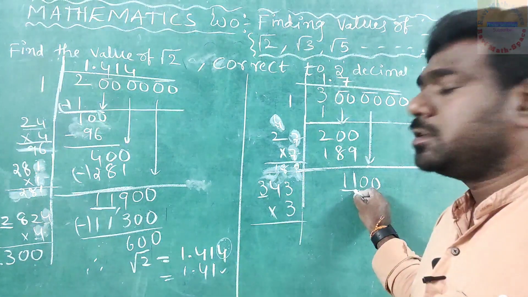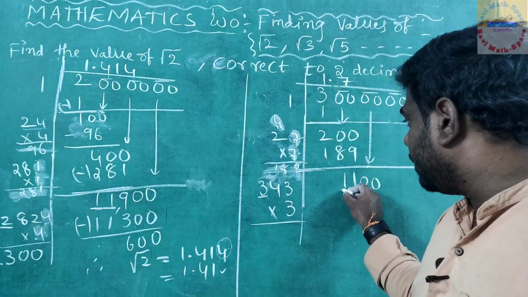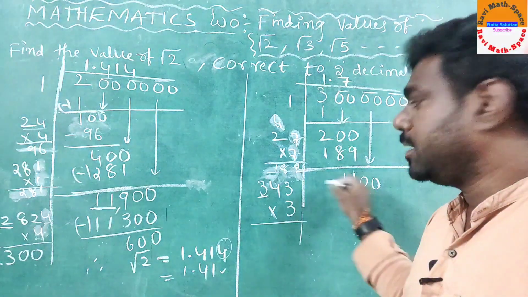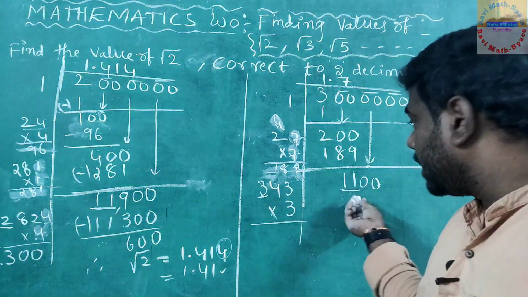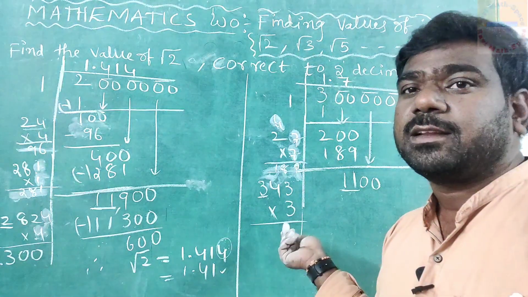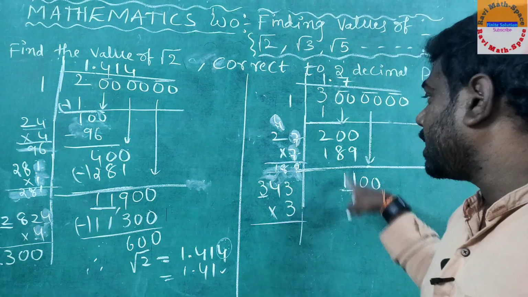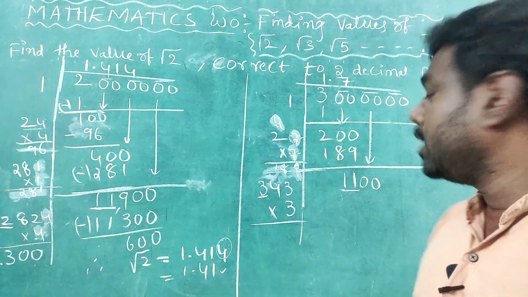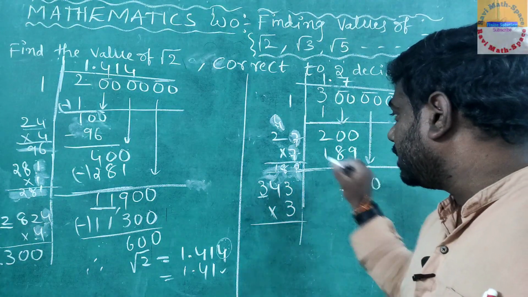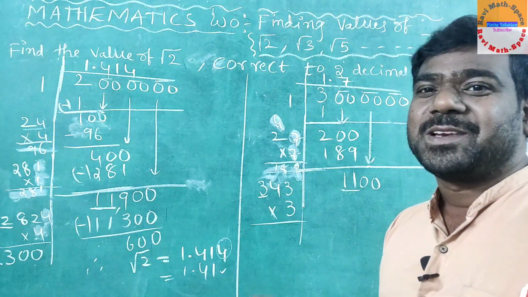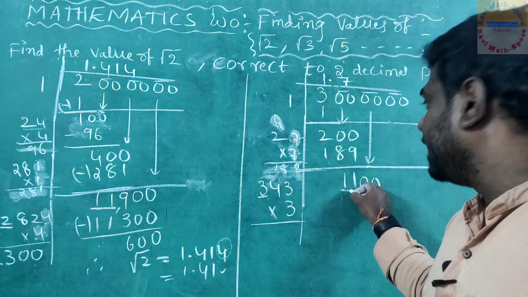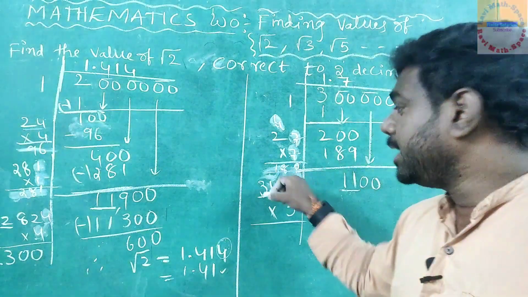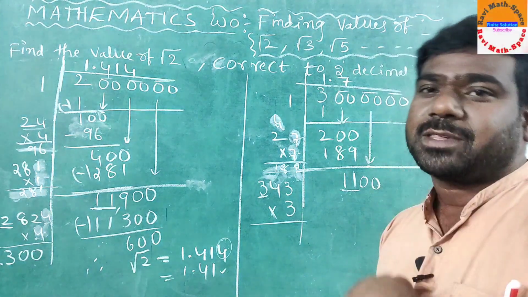Why do we consider 2 digits here? Because here 1 is less compared to 3. That's why I am taking 2 digits. From 1, 3 can't be taken, not possible. That's why 11. From 11, 3 I can take. How many times? 3 times.